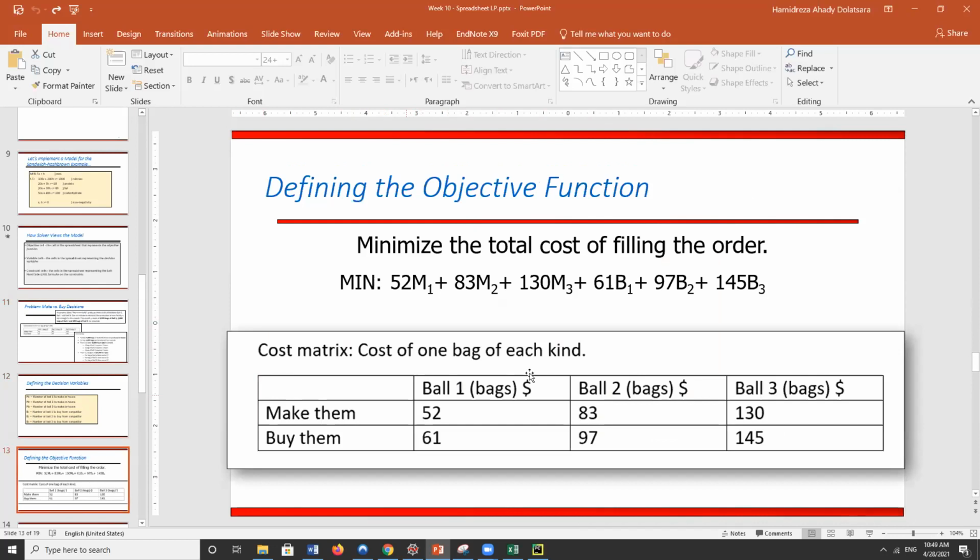Now, using the coefficients, we can make our objective function. For each type of ball, either you make it in-house or you order it, and you have different coefficients. Basically we summarize this table into an equation, minimizing the cost, which is the amount of each decision variable multiplied by its cost coefficient.